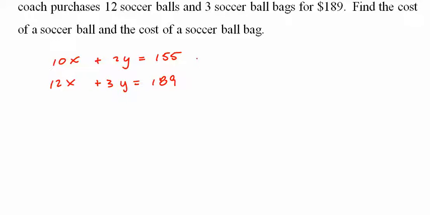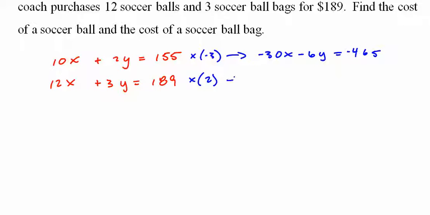I'm going to work off the bottom here, and we'll multiply it by -3 times 2, -30x minus 6y equals -465. Notice in a real world problem, they get a little bit messier. This one's a little bit easier to handle.